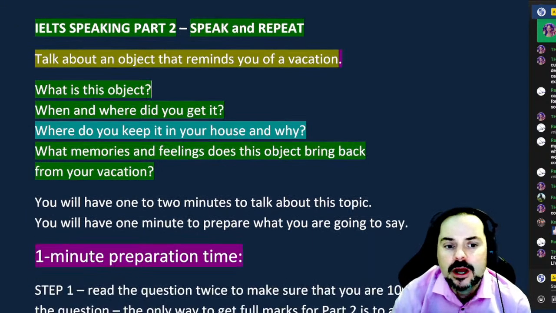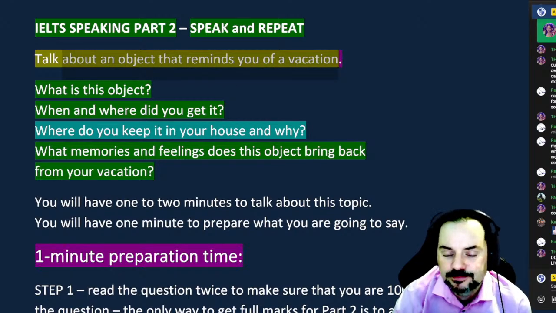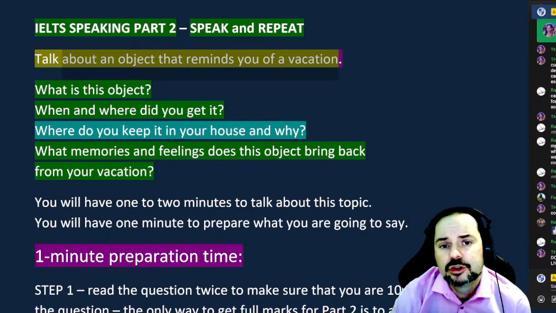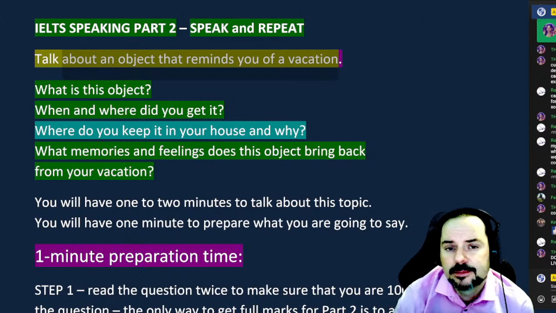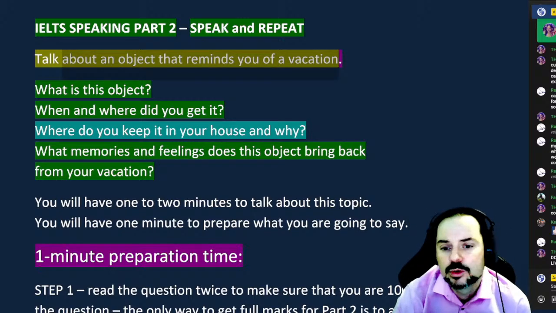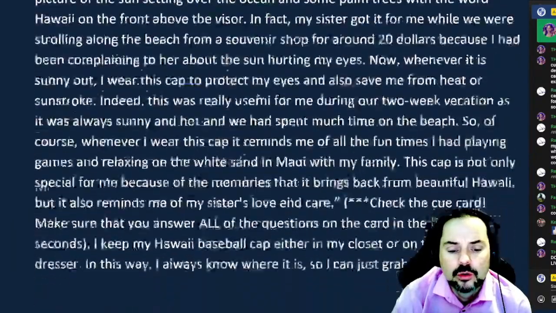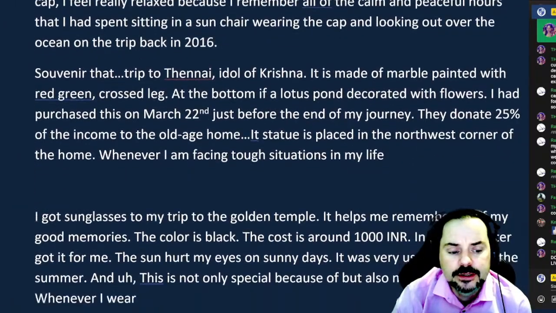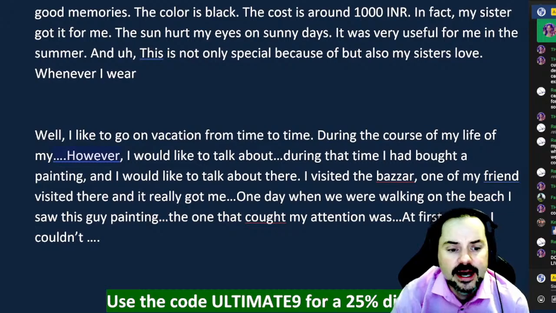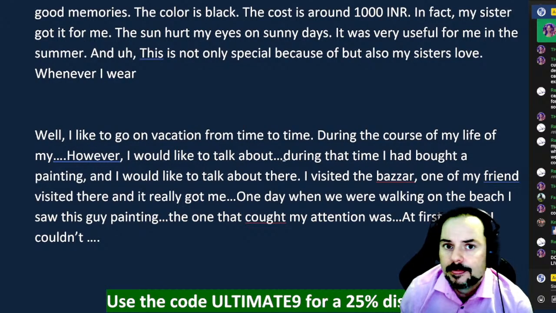So here, you need to talk about an object that reminds you of a vacation, okay? And you talked about the painting, but from the 2 minutes, you only spent about 20 seconds talking about the painting. The other 1 minute 40 seconds, a lot of time was wasted, okay? So you started by saying, well, I like to go on vacations from time to time.